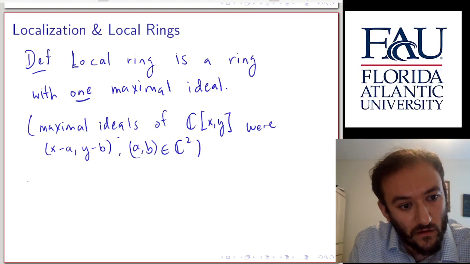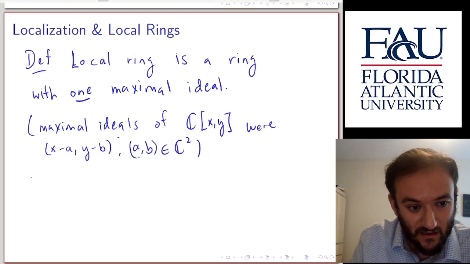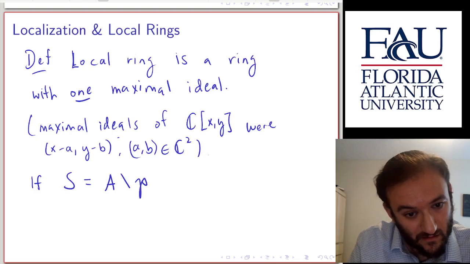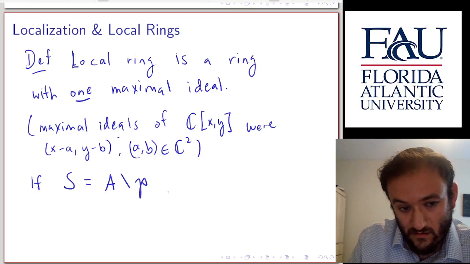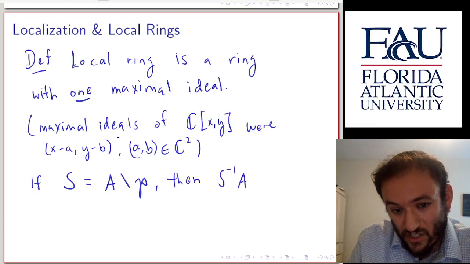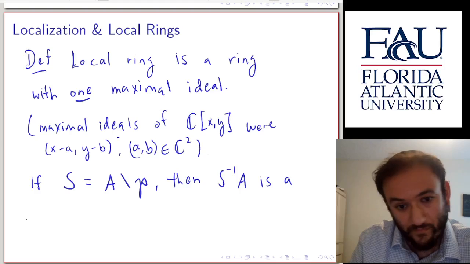So localization: if you take S to be the complement of a prime ideal, then the localization is a local ring.